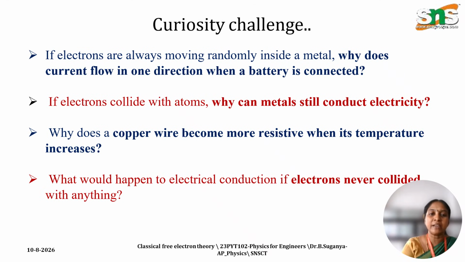If electrons collide with atoms, why can metals still conduct electricity? Can you guess this answer? Why does a copper wire become more resistive when its temperature increases? Then what would happen to electrical conduction if electrons never collided with anything? So guess these answers.